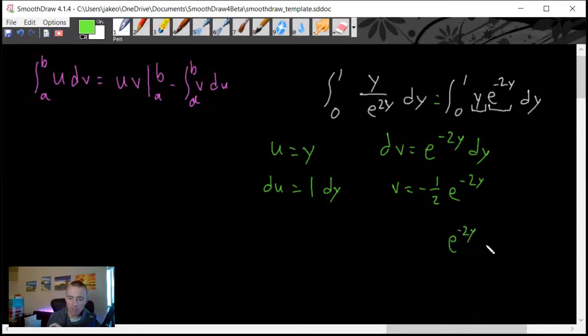So we leave our negative 2y as negative 2y, and then we multiply by the derivative of the inside. The derivative of negative 2y is negative 2. And then we would still have a negative 1/2. Negative 1/2 times negative 2 will cancel out, leaving us with just e to the negative 2y. So that does indeed get us back to what we started with.